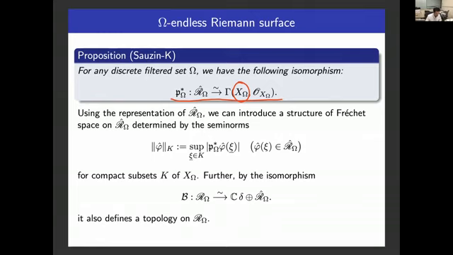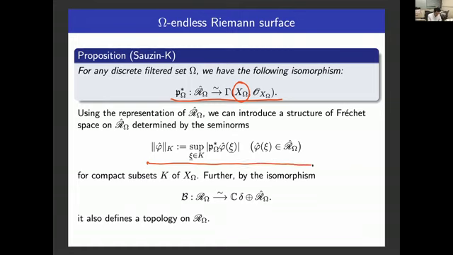So we can represent omega-continuable functions as global sections on X_omega of the sheaf of holomorphic functions. And using this representation of R-hat_omega, we can introduce a structure of Fréchet space on R-hat_omega determined by the seminorms.